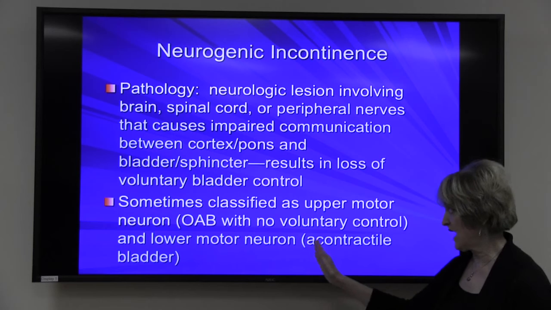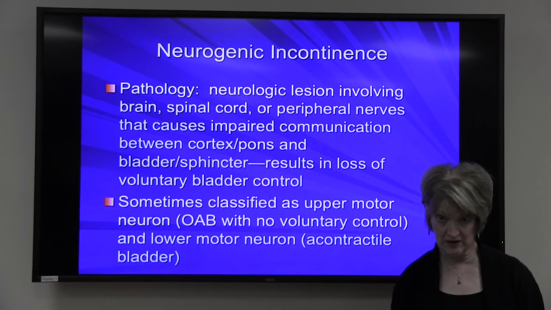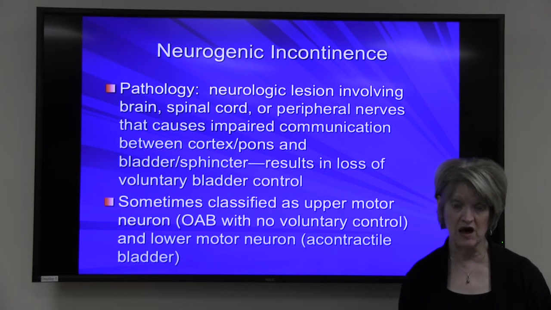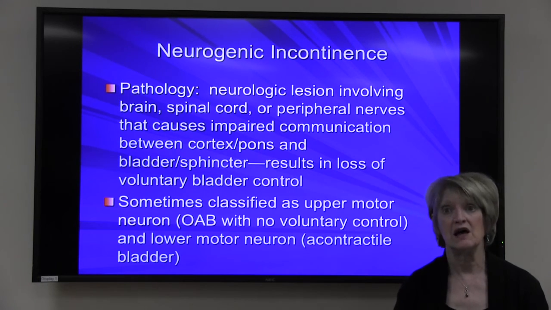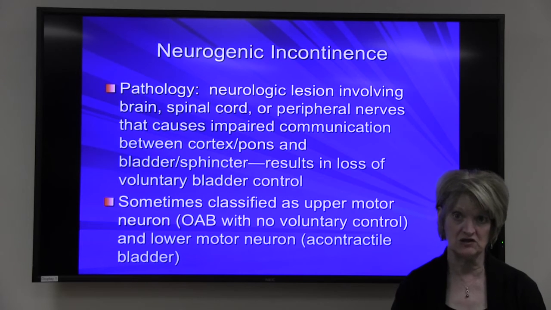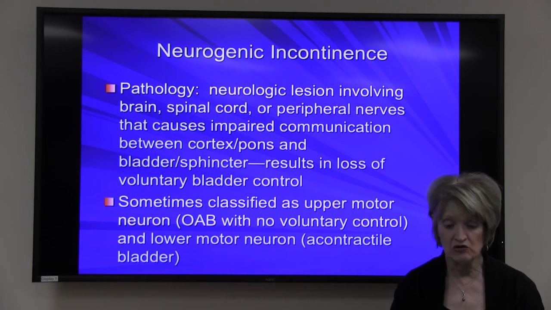We are not going to ask you this, so I'm just mentioning it because if you end up in a neurologic setting, you're going to hear this terminology. Sometimes they'll further classify neurogenic lesions as either upper motor neuron lesions or lower motor neuron lesions. Upper motor neuron lesions are patients who typically have frequency and urgency but no voluntary control.